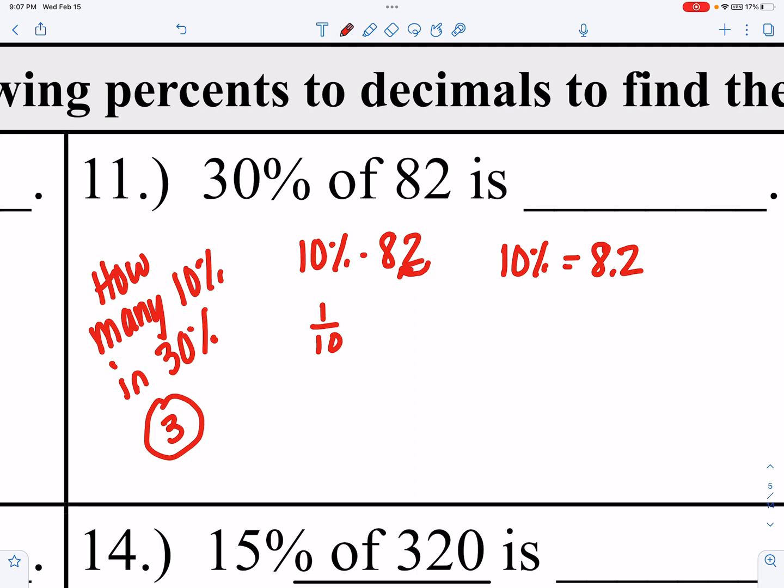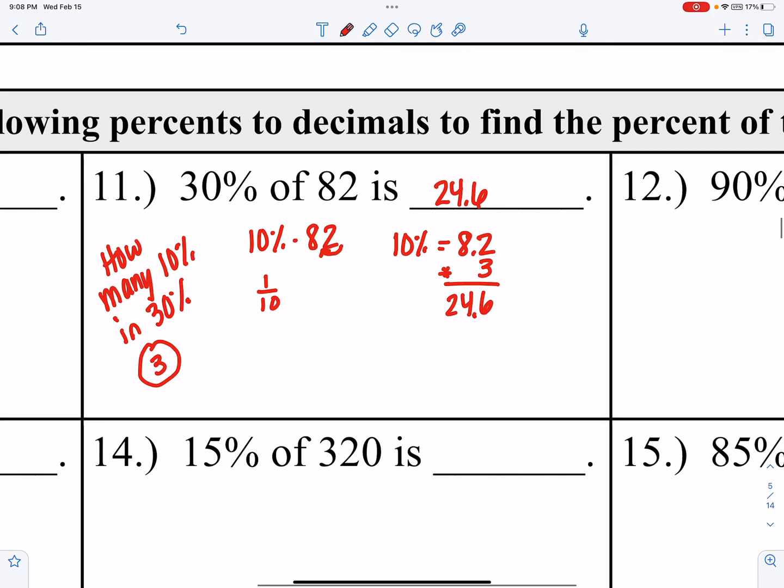So that's 8.2 plus 8.2 plus 8.2, or times 3. Instead of my dot, I'm using this asterisk, which is a common thing with showing the multiplication. So 3 times 2 is 6, 3 times 8 is 24, I have one decimal movement, and so we have 24.6.